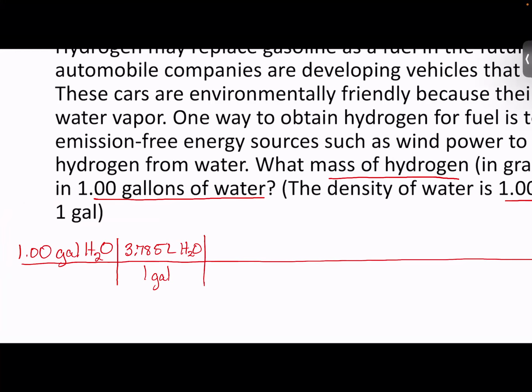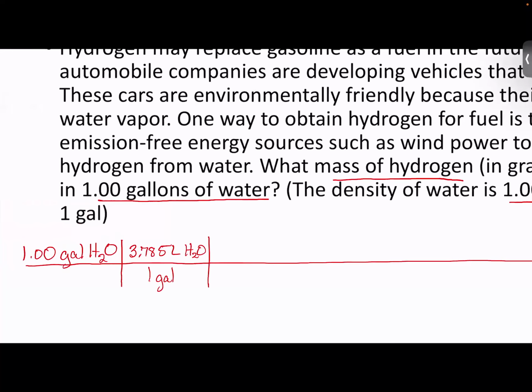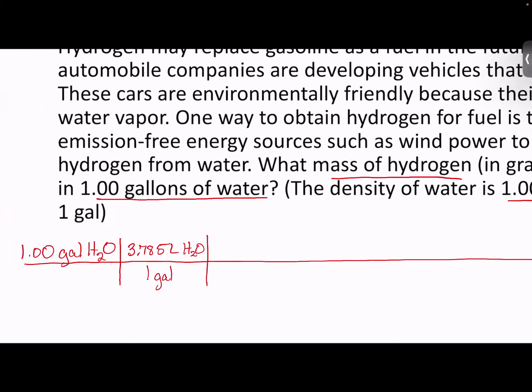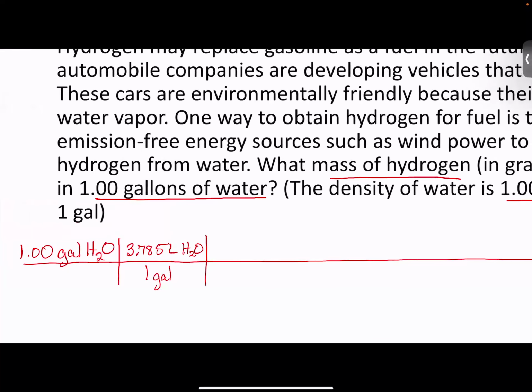We can then convert that liters of water into milliliters of water with the fact that there's 1,000 milliliters in 1 liter. From this point forward, all I've been doing is paying attention to the units and making sure that the units cancel.